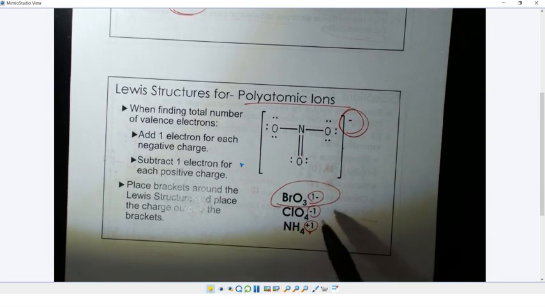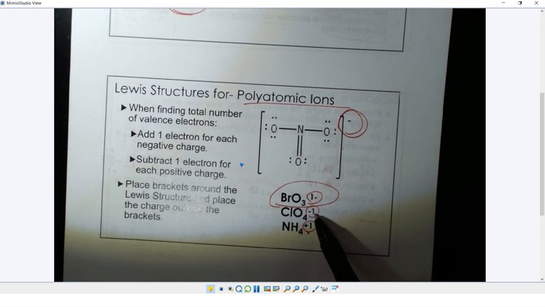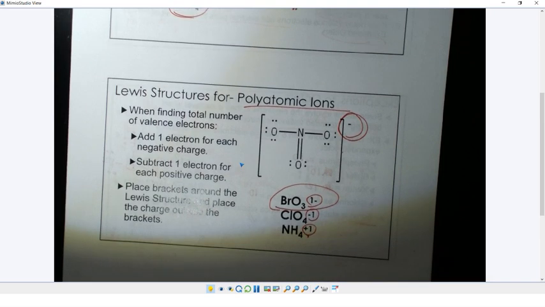Okay? For perchlorate right here, I have a -1 charge. That means I'm going to add 1 electron to my total amount. Ammonium has got a positive charge, only 1, so that means I'm going to subtract 1 electron from my total.